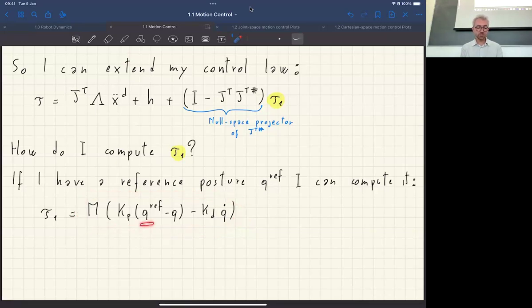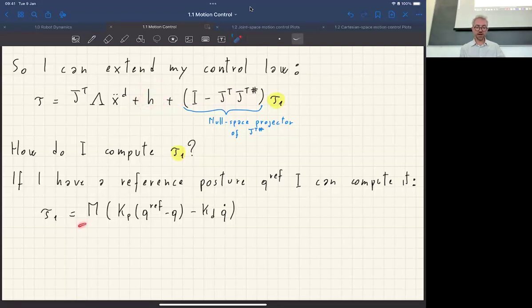And since I'm simply commanding to maintain a fixed joint angle, a fixed joint posture, qref is going to be static, which means q dot ref and q double dot ref are 0, so they don't need to appear in the control law. And I don't even need to compensate for the bias forces in joint space because that's already done here.